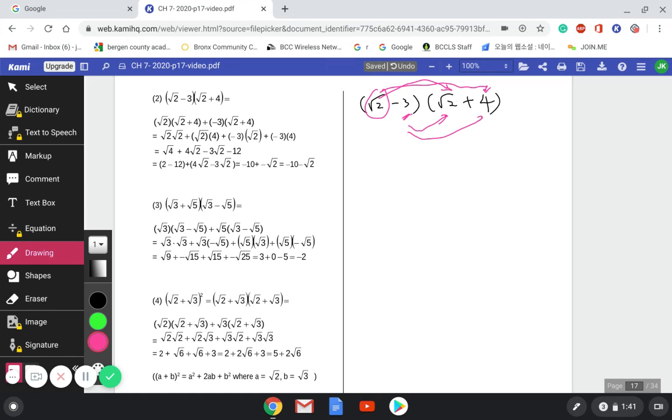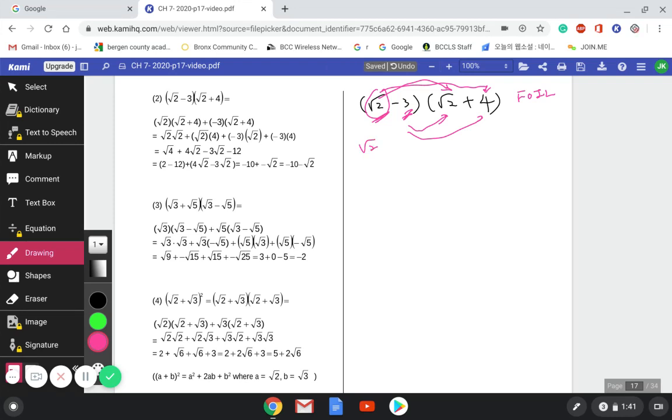So we're going to FOIL them. Or I will distribute first one with the twice and second one with the twice.